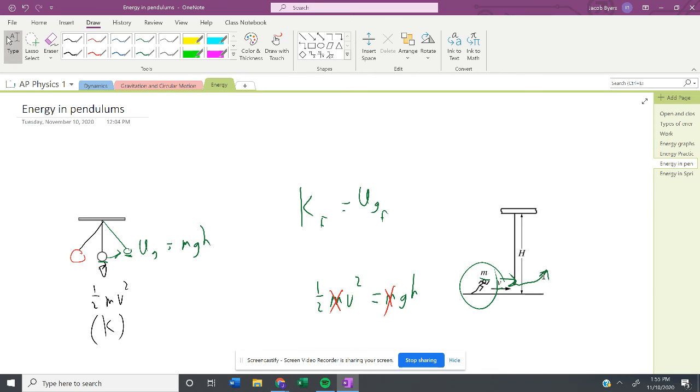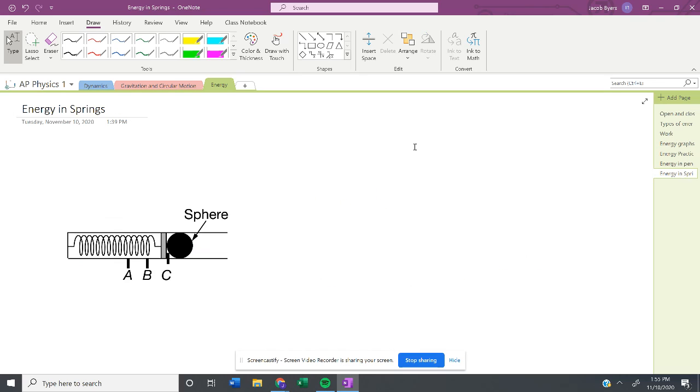All right, so you can also take a look at the spring real quick. You can do one of two things. You can go from spring potential to kinetic, or you can go from kinetic to spring potential.